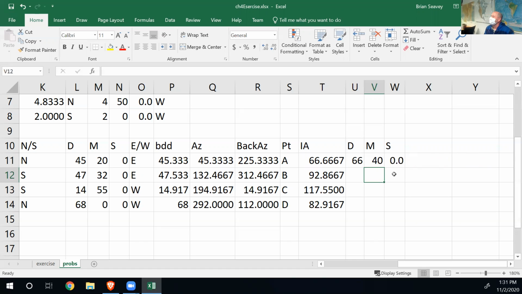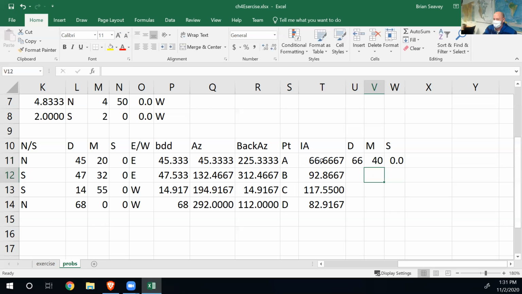Okay, so for the seconds, would that be the same formula but with 3600? No. For seconds, what you need are decimal minutes, right?